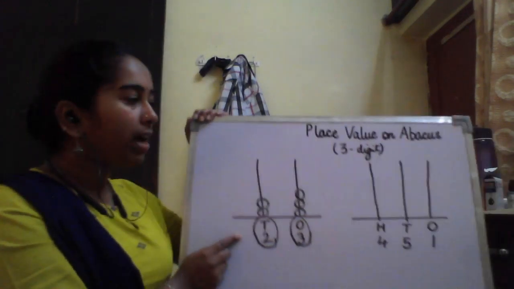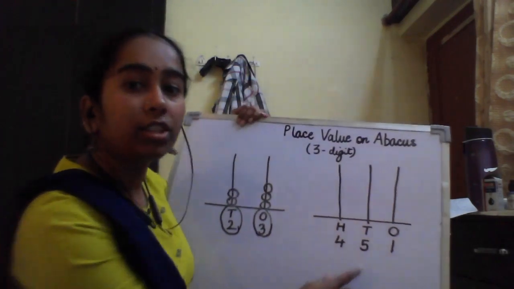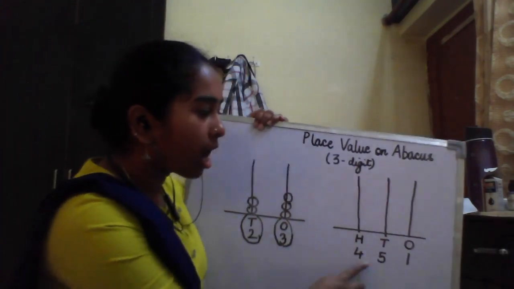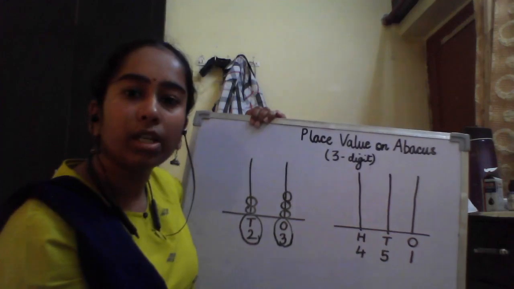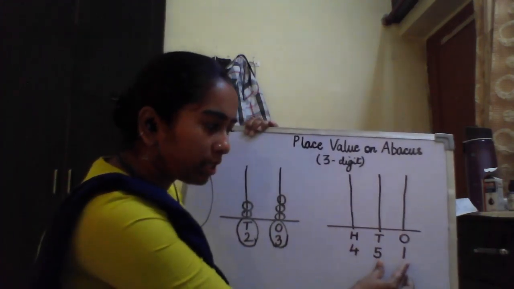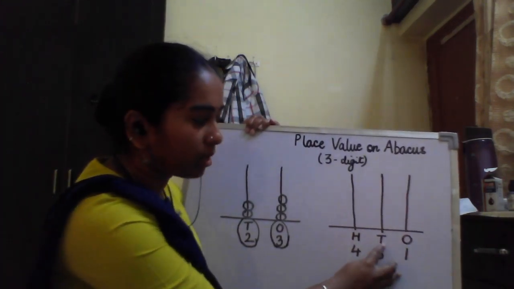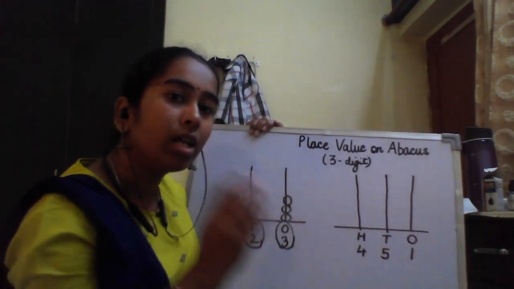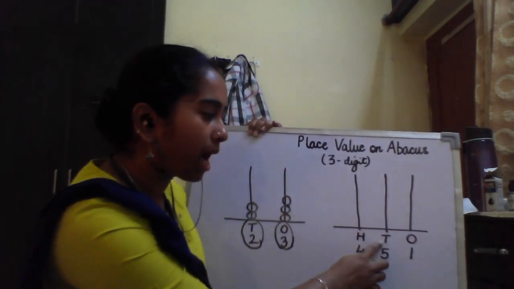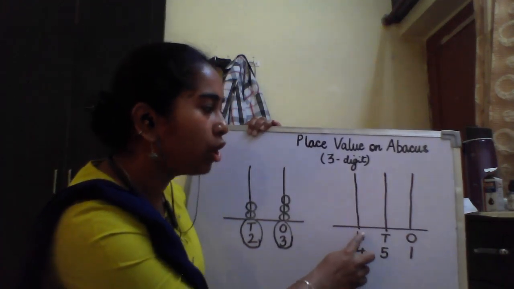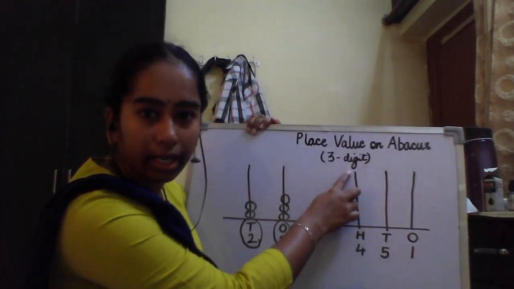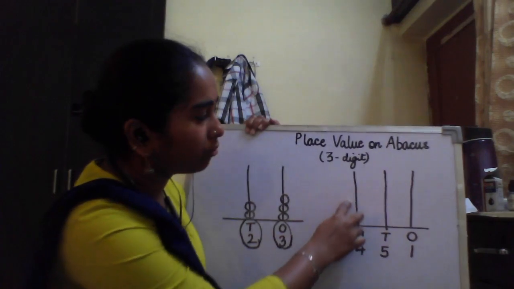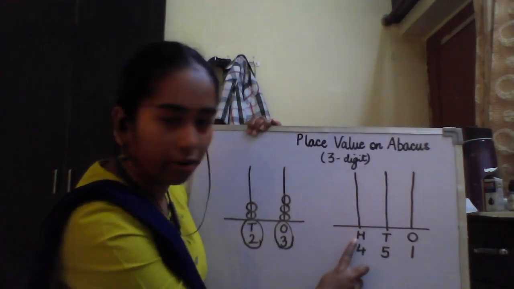If I have to represent a 3-digit number, how am I going to do it? Tens and ones remain the same, but I just have to add one more spike to it, a spike for hundreds.